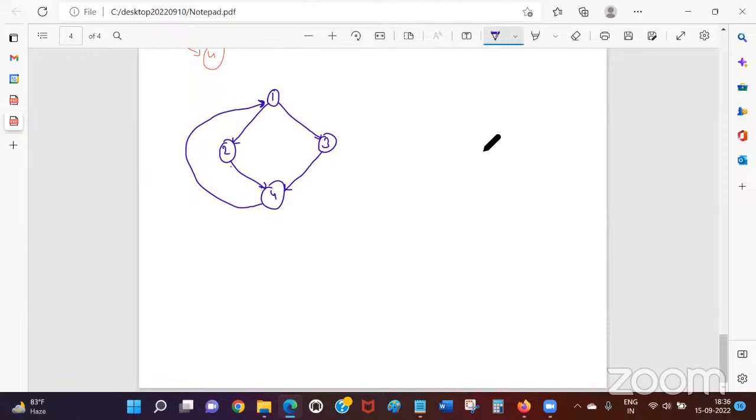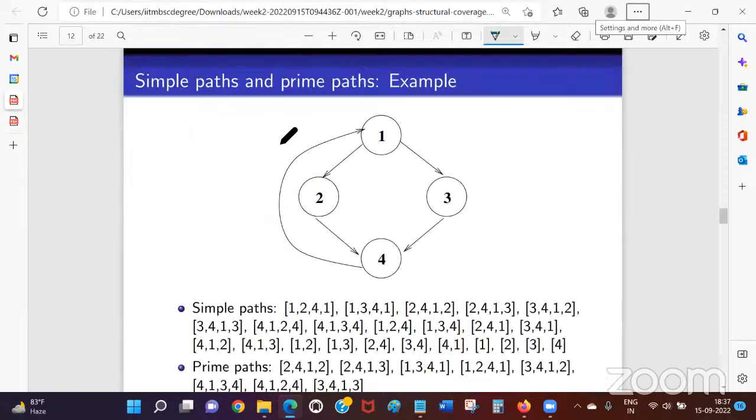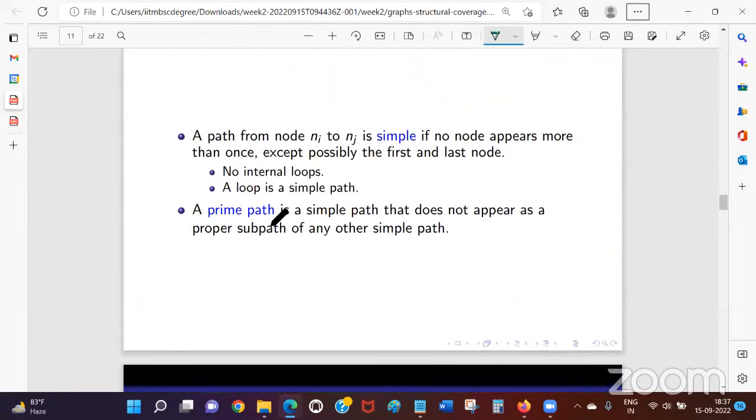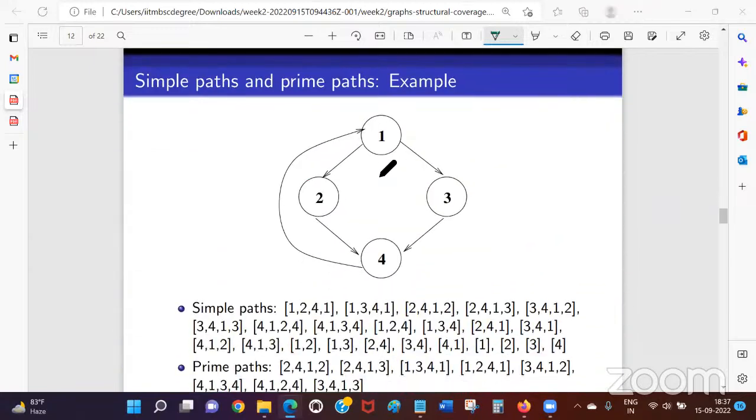Now we call this prime path coverage. To understand prime path coverage, you need to understand one term called a simple path. What is a simple path? Any path inside the graph where nodes are not repeated.